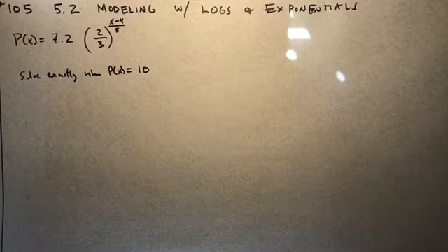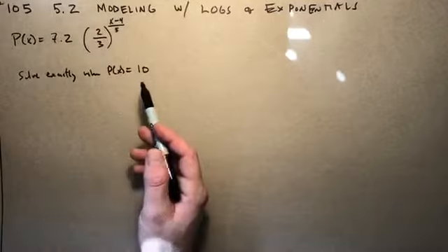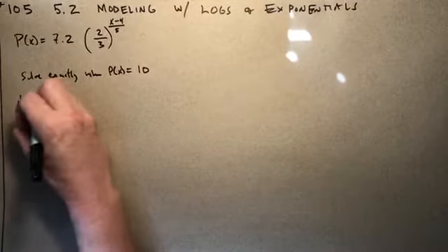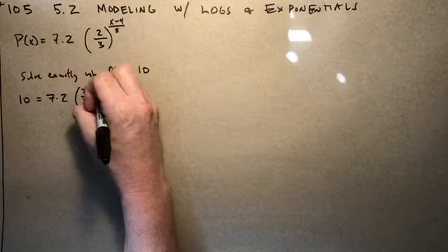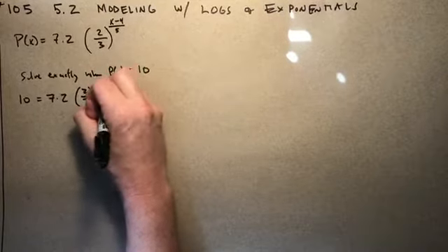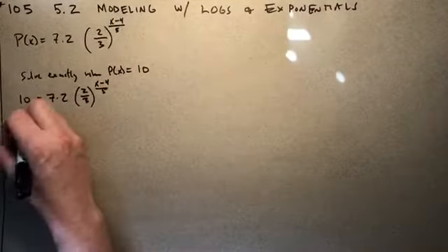And what's going to happen here is I need to make sure that we isolate our exponential before I apply logarithm. So the first thing I'm going to do is divide by 7.2 on both sides.